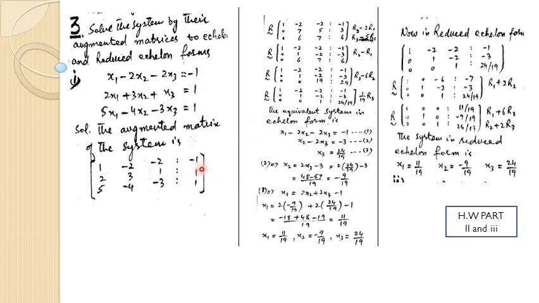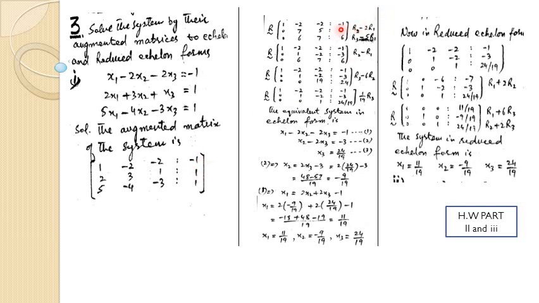Now again R2 minus 2R1. I'm teaching all the operations here, in every term, so you can get a clear picture. Minus 2R1: minus 2 ones are minus 2, and minus minus plus, so 2 ones are 2, and R2 minus 2R1, so 1 minus 2 is minus 1, you can see here.